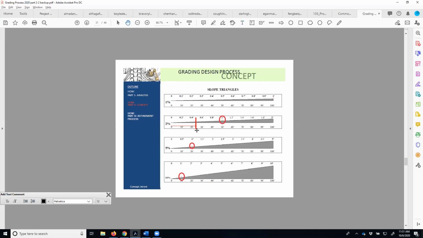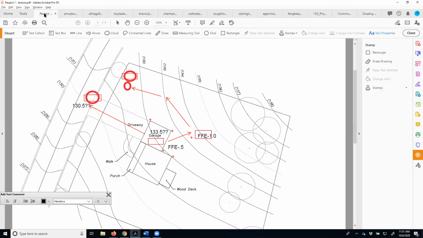That's exactly what it is, 0.5. And so I'm dropping 0.5 from the FFE to this point here. And then I'm dropping another 0.5 to the HPS, but HPS is 1 foot below the FFE.